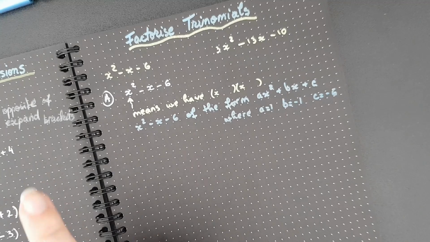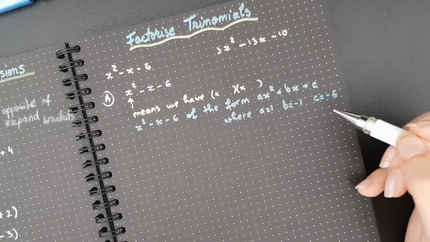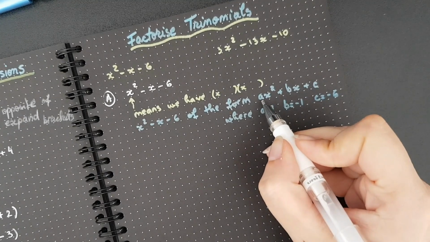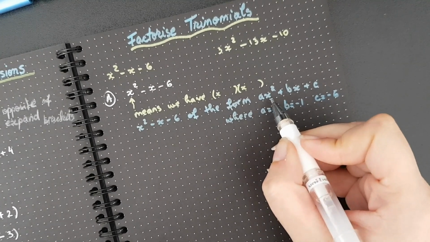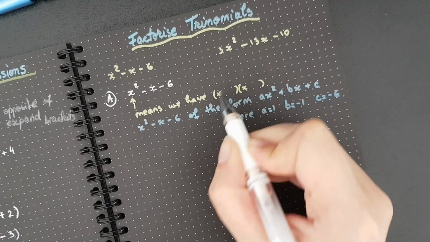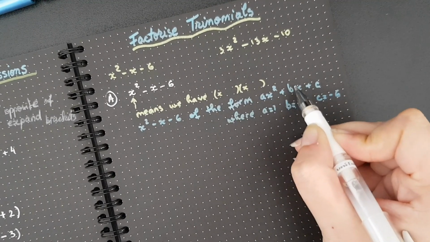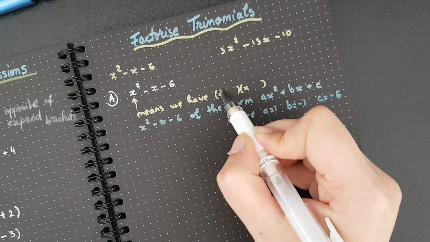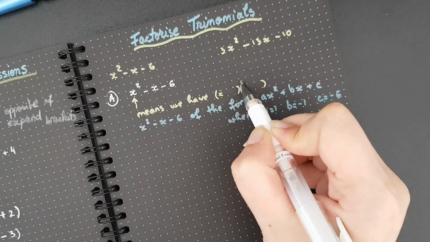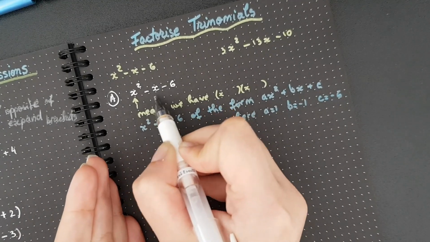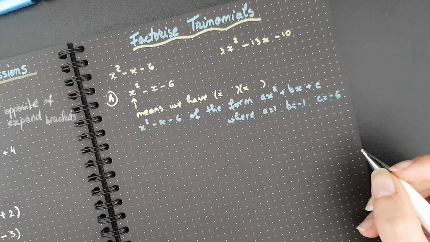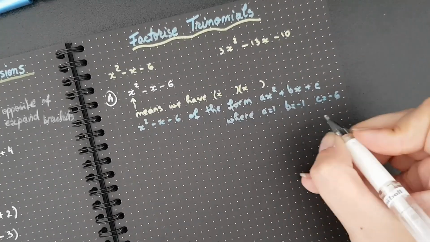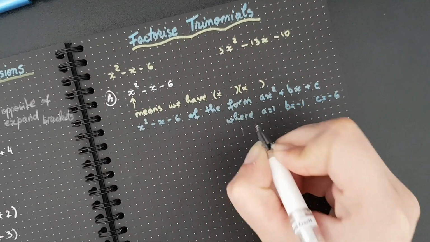So that's a bit of a tip, but something needs to happen with the a as well. Whatever number I have in front of x squared is also going to influence whatever numbers I have in here. Also the b, whatever I have in front of x, is going to influence those numbers as well, because I always do x times that and then whatever I have here times that to give me this term. So there are a couple of things that I need to be very careful about when I choose what numbers go in the bracket. So the method to do this is, first of all, I always look at the b.